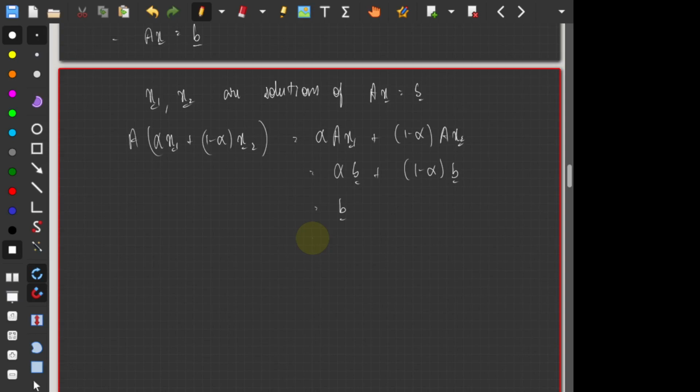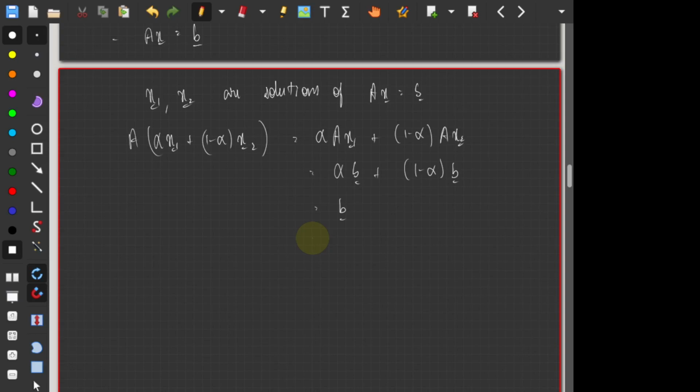There's a difference between affine combinations and convex combinations. The coefficients should all be non-negative for it to be a convex combination. Here, alpha can be negative, but they have to sum to 1. That's the only constraint.